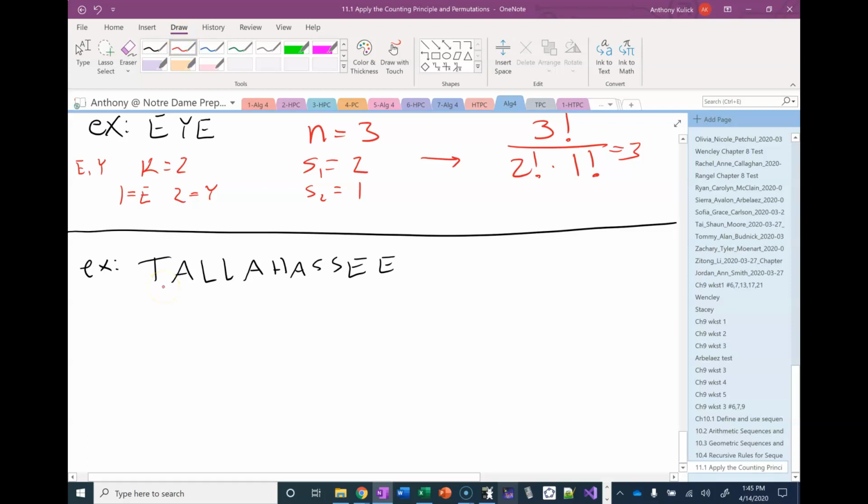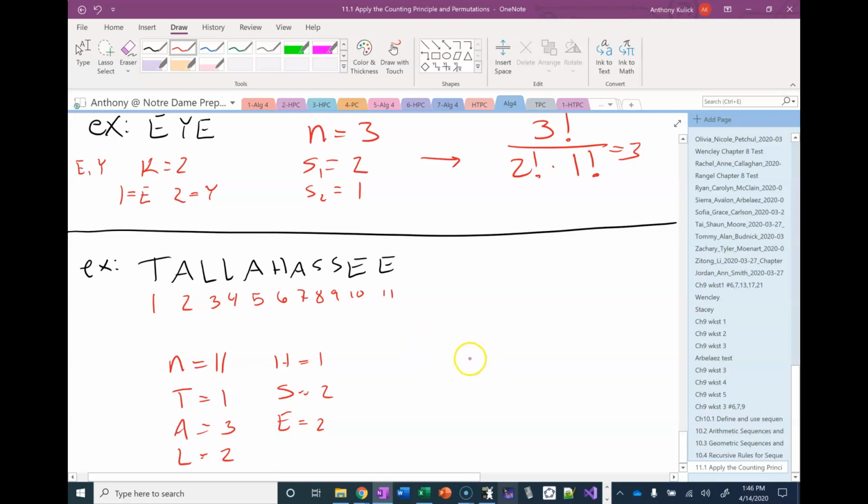So the first thing I'm going to do is count up the number of letters that I have. So I have 11 letters. Then I'm going to count up the number of times each letter occurs. So I have 1 T, I have 1, 2, 3 A's, I have 2 L's, I have just 1 H, I have 2 S's, and I have 2 E's.